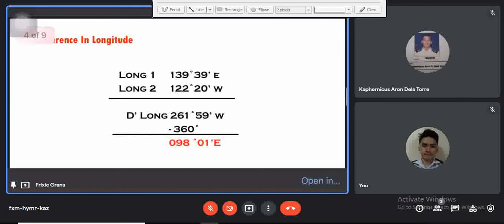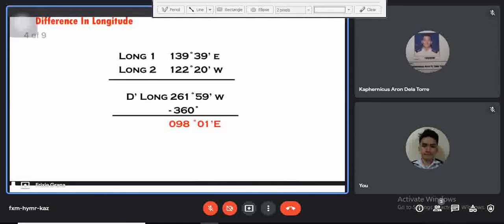For the difference in longitude, longitude 1 is 139 degrees 39 minutes east and longitude 2 is 122 degrees 20 minutes west. The names are different, so we add them. The answer is 261 degrees 51 minutes west.